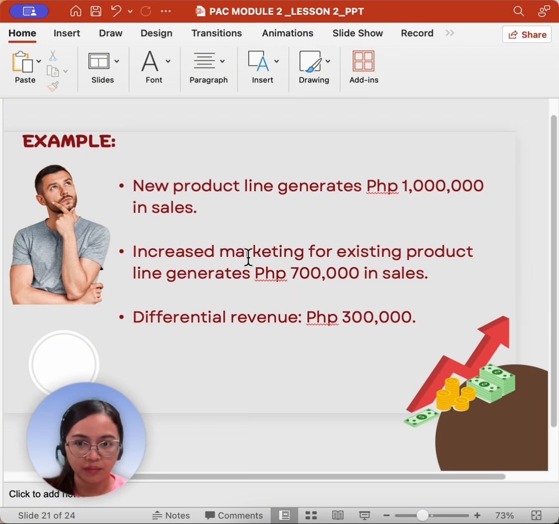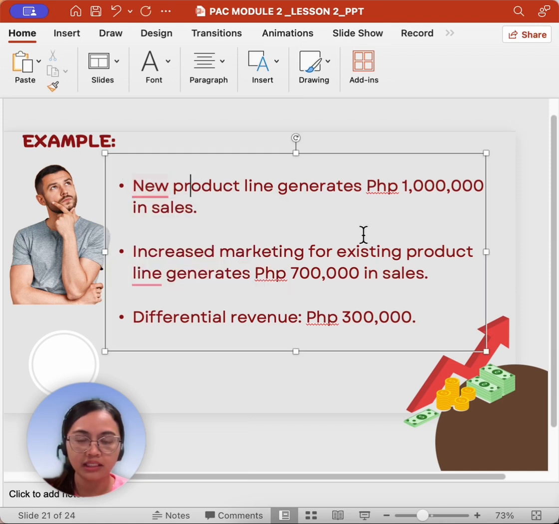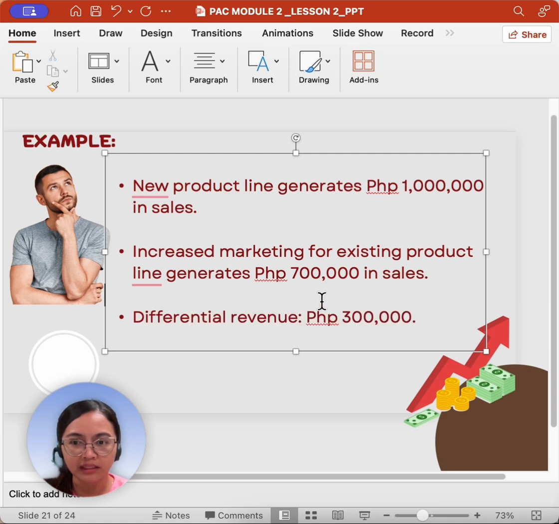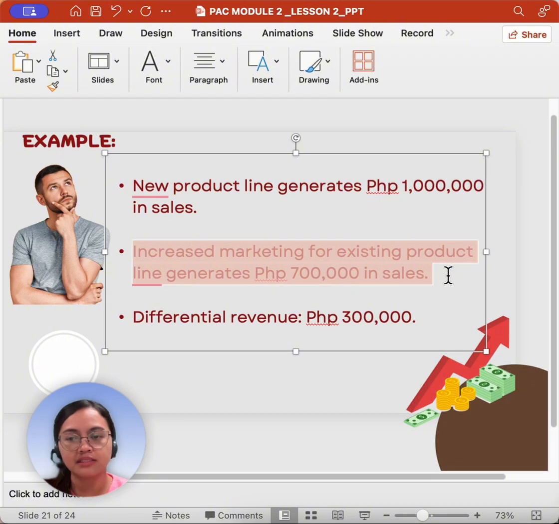Based on this example, if you do a new product line, you can generate 1 million in sales. If you just increase marketing for the existing product, you can only generate 700,000 in sales. Now, if you choose to increase marketing for the existing product instead of launching a new product, you would have missed out on 300,000 pesos of potential revenue.